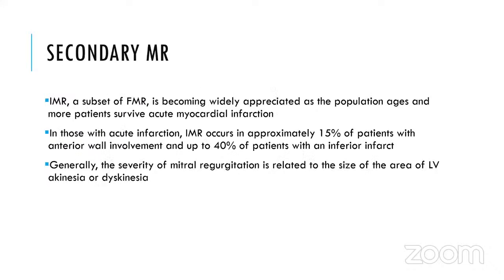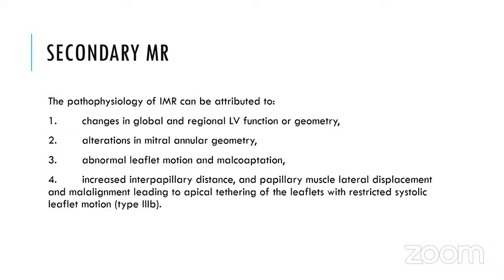Ischemic MR, which is a subset of functional MR, is becoming appreciated as the population ages and more patients survive acute myocardial infarctions. And in patients who suffer acute myocardial infarction, it occurs in about 15% of those with anterior wall involvement, and in 40% of those with inferior wall involvement. The severity of mitral regurgitation is usually related to the size and the area of the LV akinesia or dyskinesia.